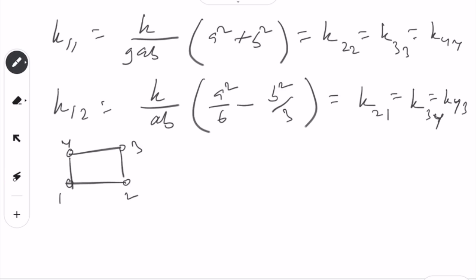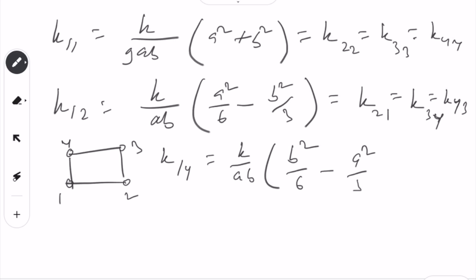Okay, now next is what will be the value of k23, or k14, and we can just interchange a and b to find it. So k14 will be equal to k over ab, and then instead of a we will have b square over 6 minus a square over 3.